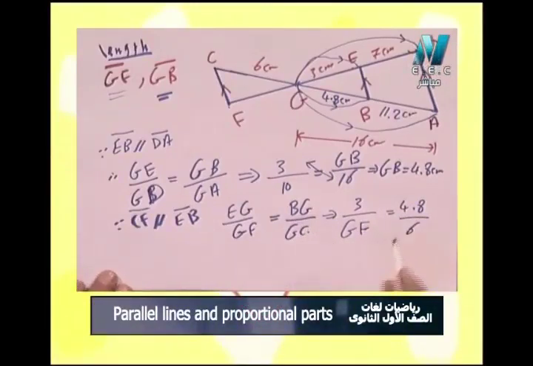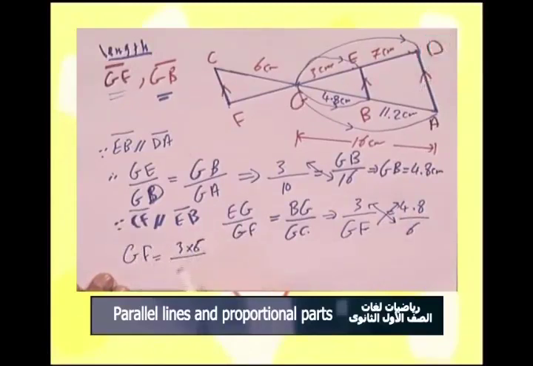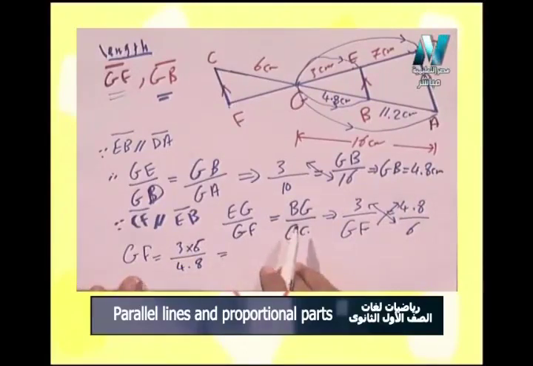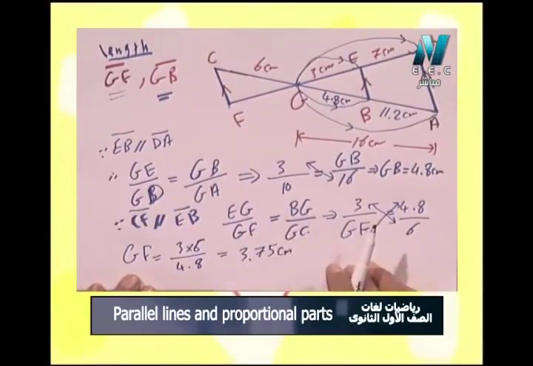And also we can use cross multiplication. We can multiply 3 by 6 divided by 4.8. So GF will be equal 3 times 6 over 4.8 here. And the answer will be 3.75 centimeter. Sorry. You can use your calculator to find it.